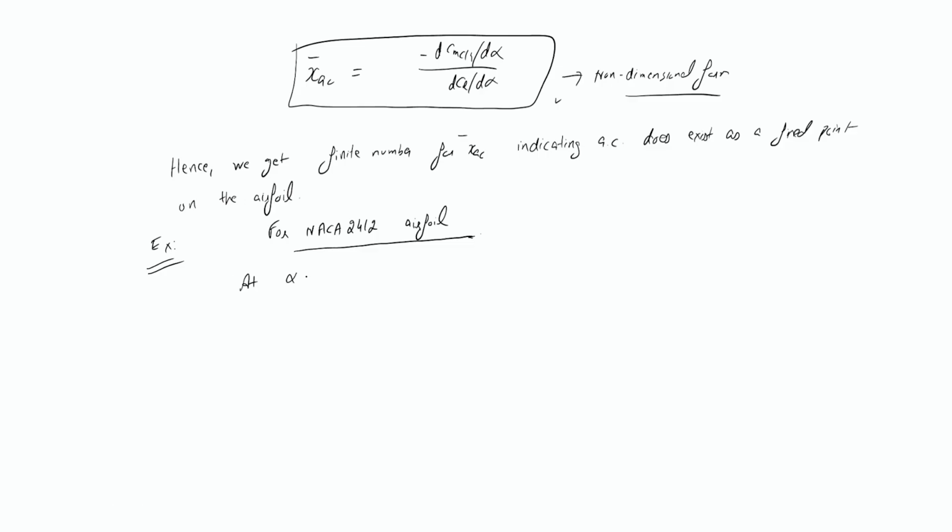At alpha equals minus 8 degrees, CL equals minus 0.6, and at alpha equals 8 degrees, CL equals 1.08. Again, at alpha equals minus 8 degrees, C_M,c/4 equals minus 0.045, and at alpha equals 10 degrees, C_M,c/4 equals minus 0.035. Now look at these values carefully.